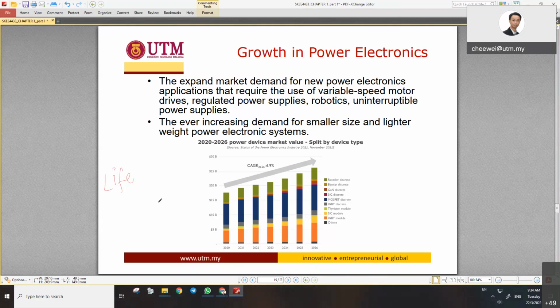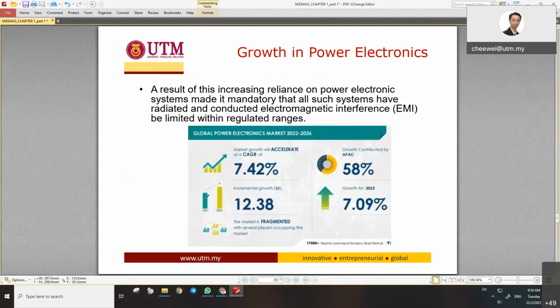But thanks to you guys, you change your mobile phone every year, I'm not sure, then the life becomes shorter and shorter. Because a new model of electronic gadgets comes up every year. For example, if you change the Apple products, Xiaomi, etc. Okay, so it's increasing because of the trend of power electronics.